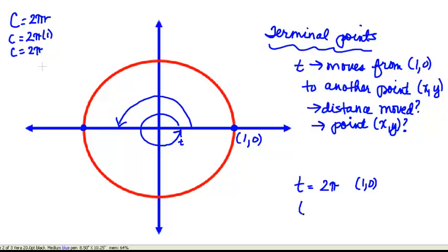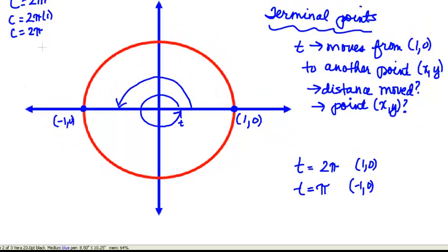So if T is pi units, then what is the terminal point? That is, the point on the unit circle that we move to would be the point -1, 0. Well, we can continue that.